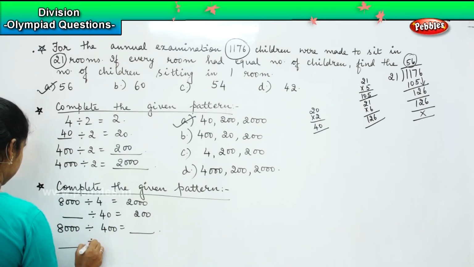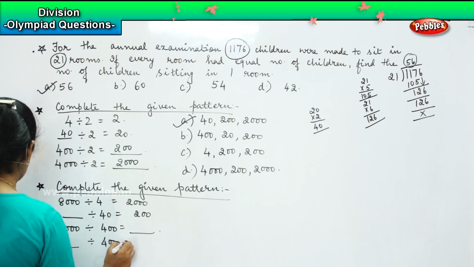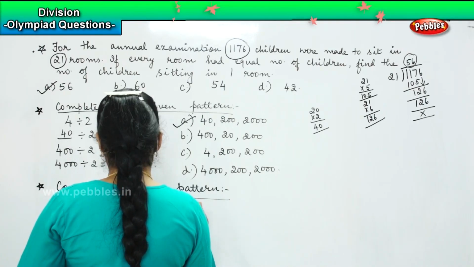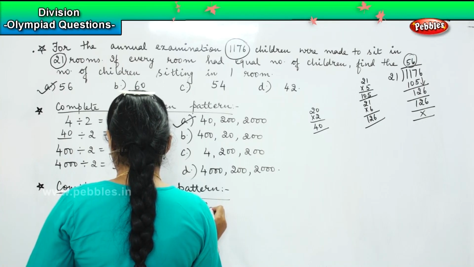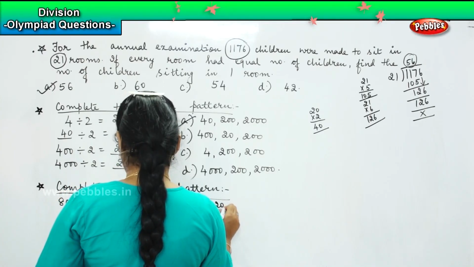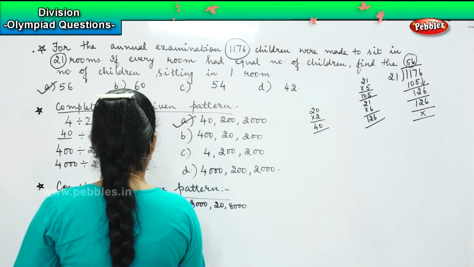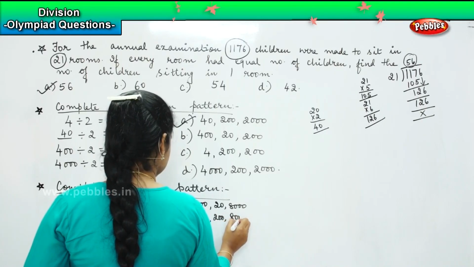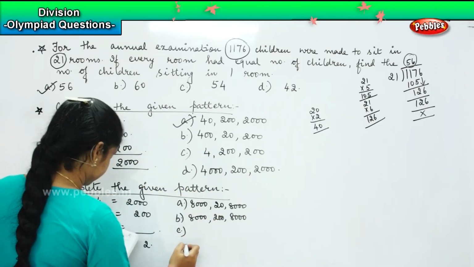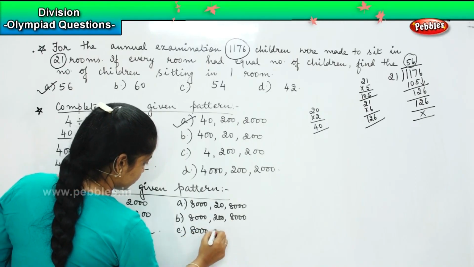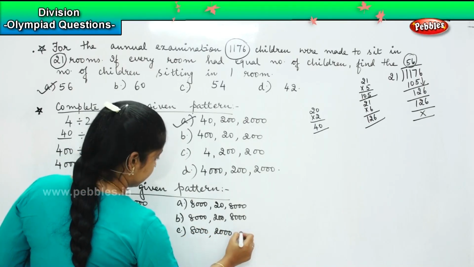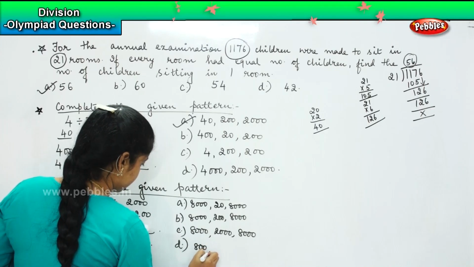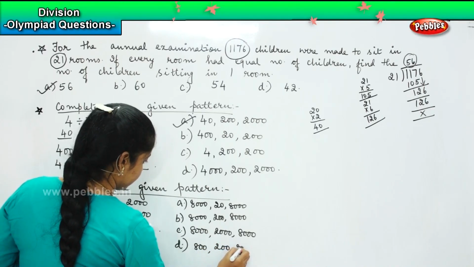And dash divided by 4000 is equals to 2. And your options are A 8000, 20, 8000. Option B 8000, 200, 8000. Option C 8000, 2000, 8000. And option D 800, 200, 800.